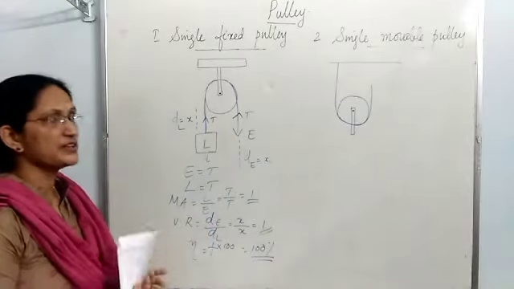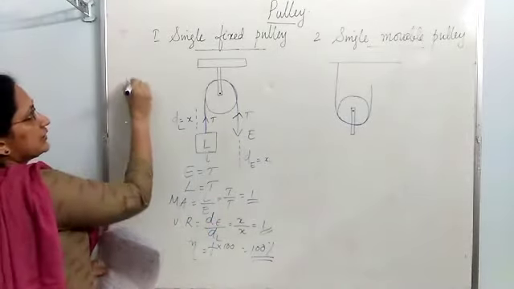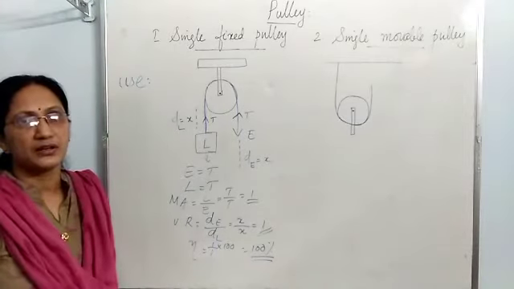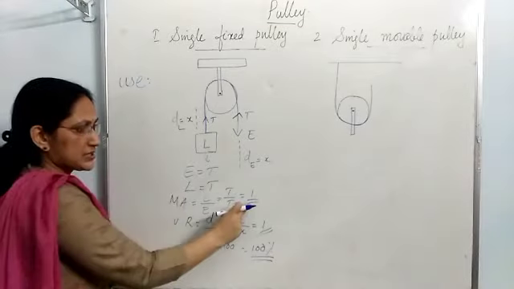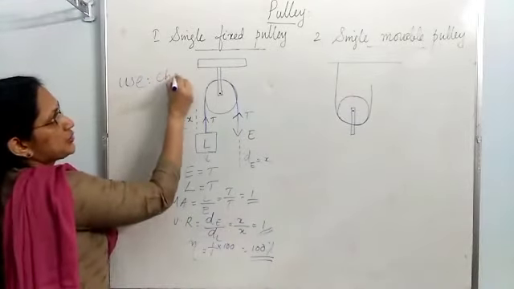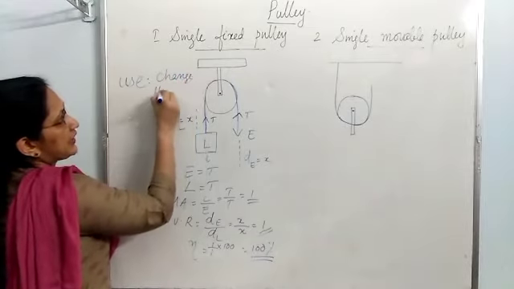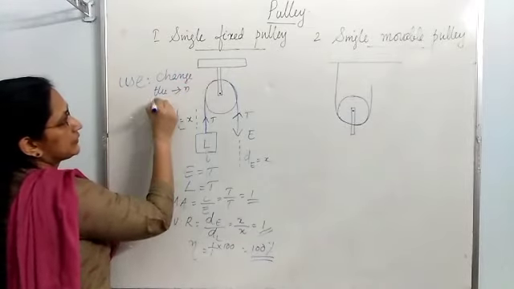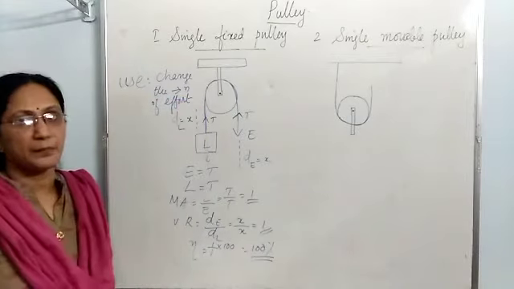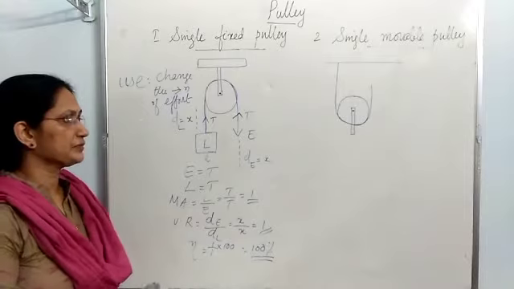Then what is the utility of this machine, or what is the use of this single fixed pulley? In an earlier topic we discussed that a machine having MA and VR equal to 1 helps us to change the direction of effort.